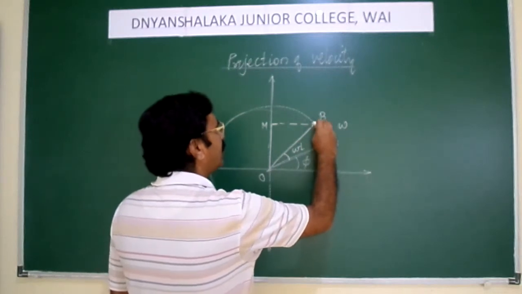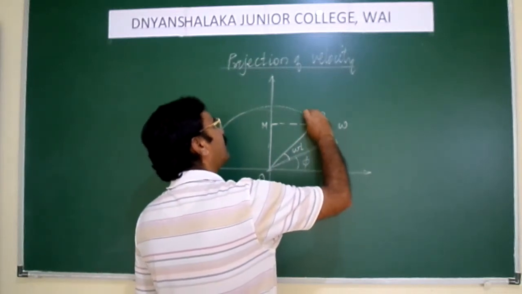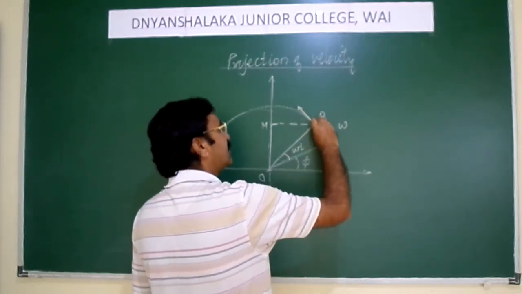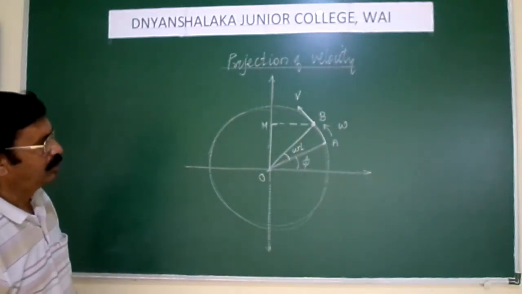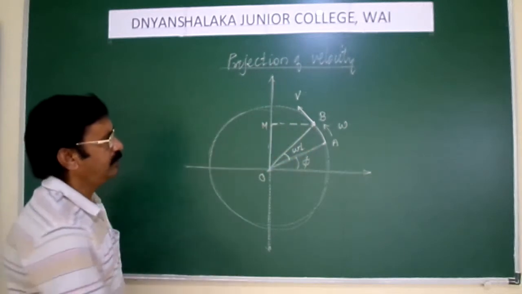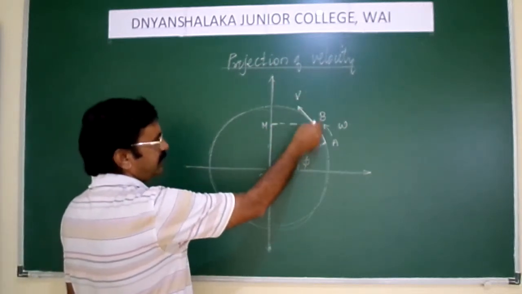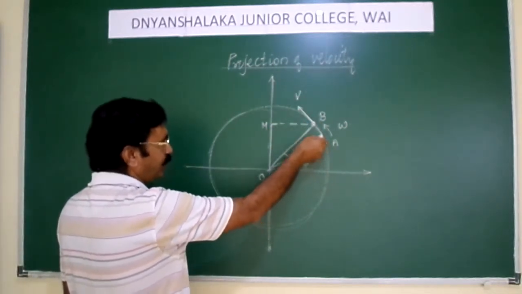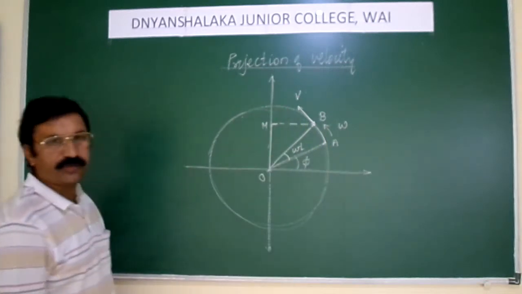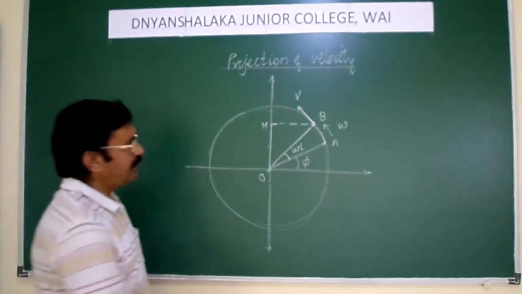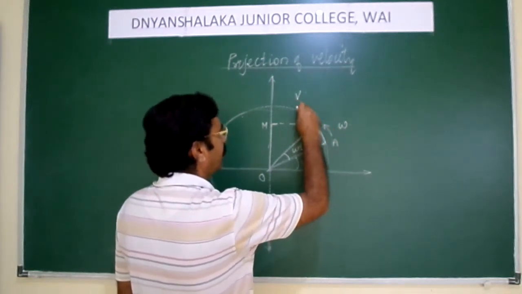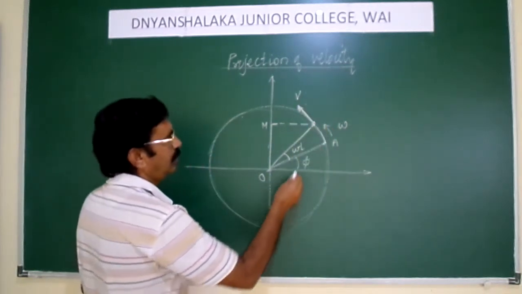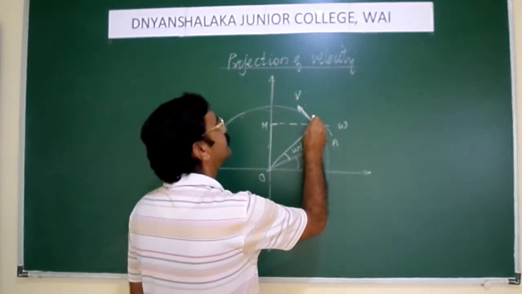Now, at this particular point, if v is the instantaneous velocity of the particle, so that it is moving on the circumference of the circle, then we can resolve this velocity v into two components.